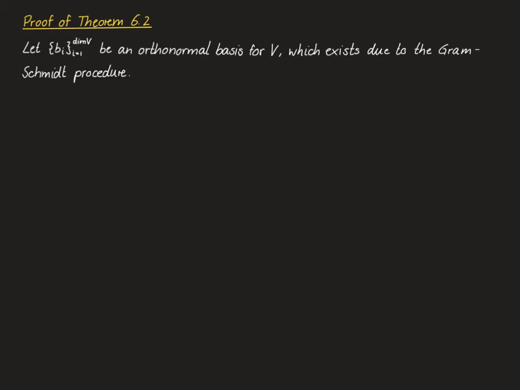We prove Theorem 6.2 in several steps. To start, let the set of vectors b_i in V be an orthonormal basis for the vector space V, which exists because every vector space has a basis, and we can always use the Gram-Schmidt procedure to make this basis into an orthonormal basis.